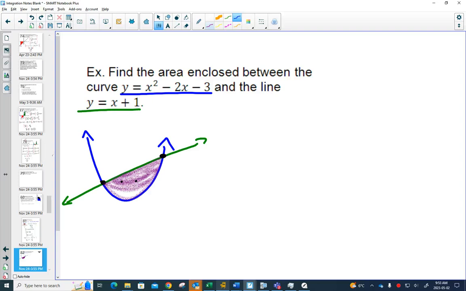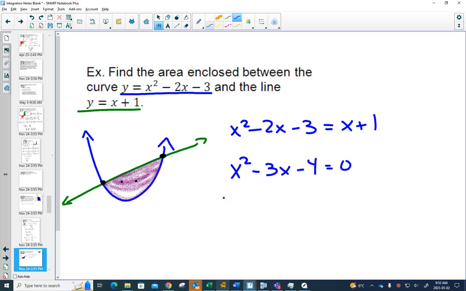How do we solve that? We take the one equation, make it equal to the other equation, and solve. This is quadratic, so I'll move everything over to one side. Oh, how nice. I picked one that factored.